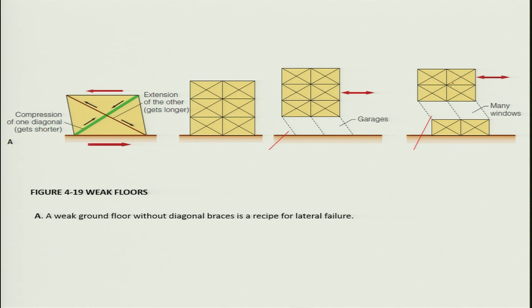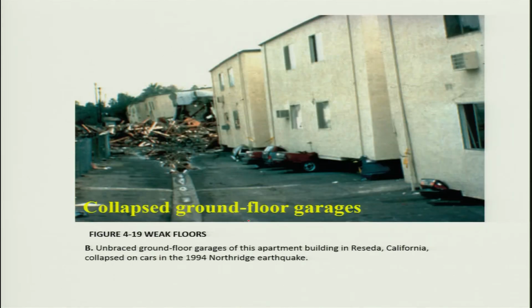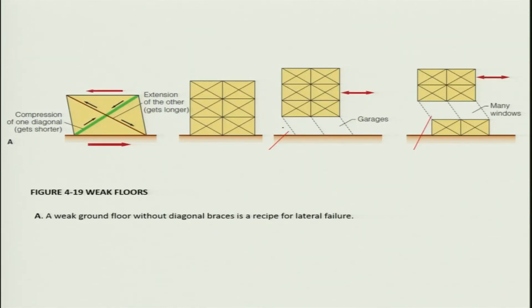Similarly, if you have two rigid portions of the building and in between you have many windows, those regions will also act as a weak zone and result in damage. So, a weak ground floor without diagonal braces will result in failure, and this is an example of that, the collapse of unbraced ground floor garages, very much similar to what has been shown here.